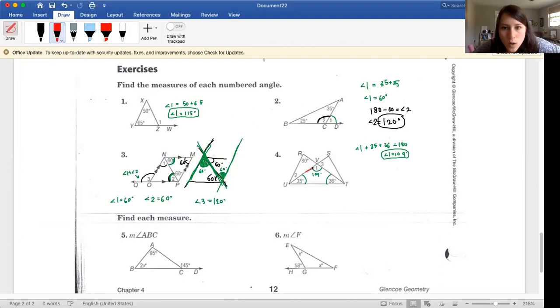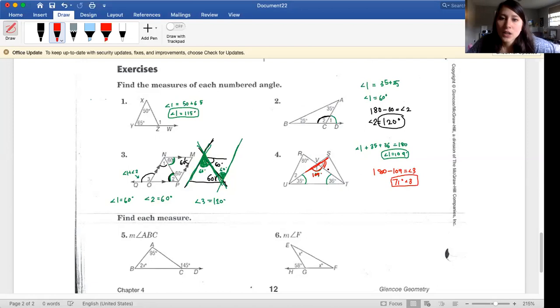Notice that angle 1 and 3 together make this straight line. So if I know that angle 1 is 109, how would I be able to find angle 3? Well, I know these are supplementary, they're a linear pair, so I could do 180 minus 109. That equals angle 3. So what's 180 minus 109? 71 degrees. 71 degrees is angle 3 here.